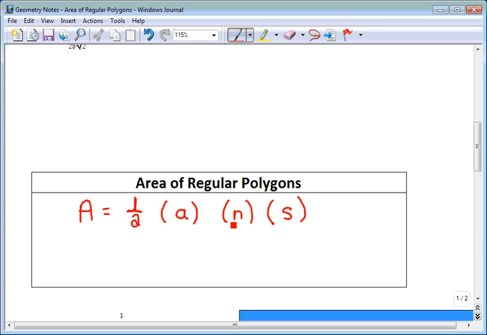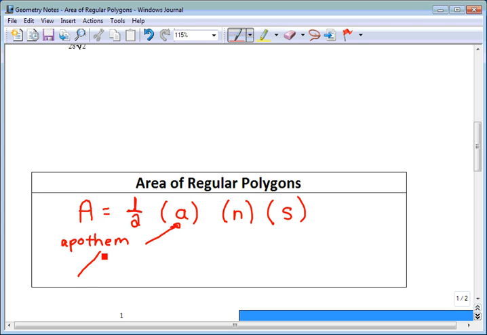You may see this formula as NAS or SAN, but let's talk for just a moment about what these letters represent. So this lowercase a stands for our apothem. Let's draw a quick picture of what an apothem is.